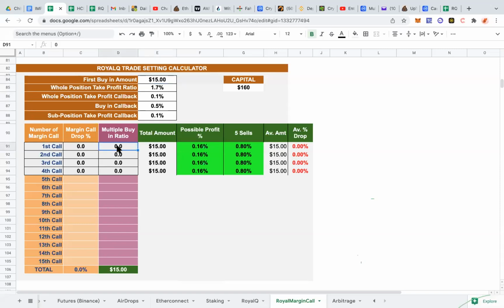So the first one, like I taught you, $15 is already existing there. Put in $1, right? What it will do is double this. It will be 1 times 15, making it $30 total invested capital, right? And when will you do this? If the market drops by, let's say, 2.5%.